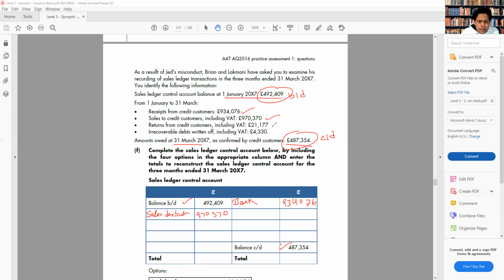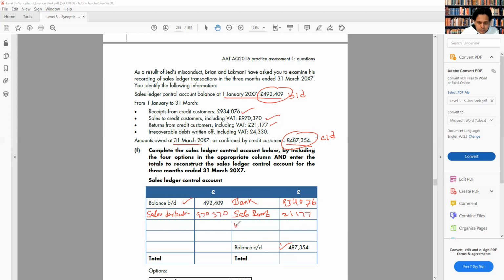Then number three, we have returns. So sales returns. If the customer returns goods to you, he is not going to pay for that, so I'm writing it on the other side. Sales returns are 21177, and irrecoverable debt including VAT is 4340.